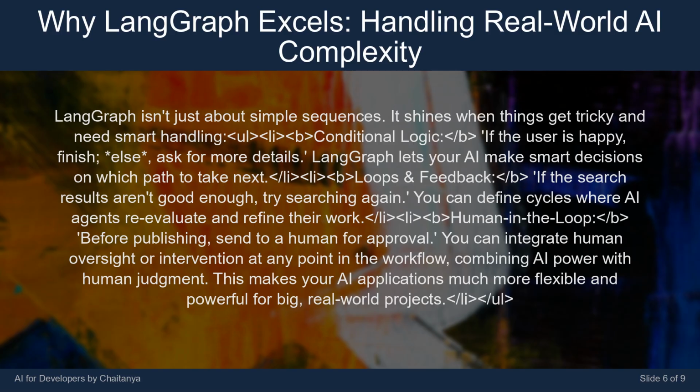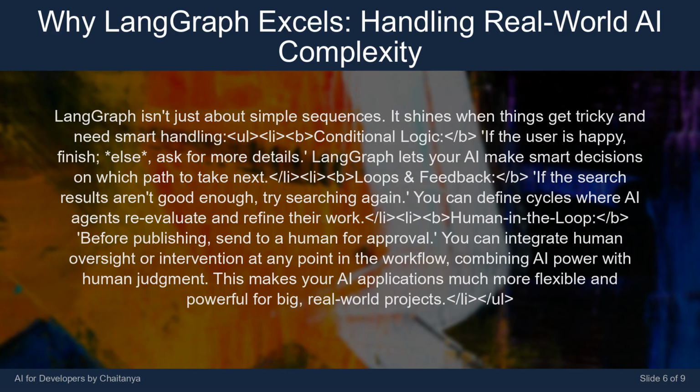Loops and feedback: if the search results aren't good enough, try searching again. You can define cycles where AI agents re-evaluate and refine their work. Human in the loop: before publishing, send to a human for approval.